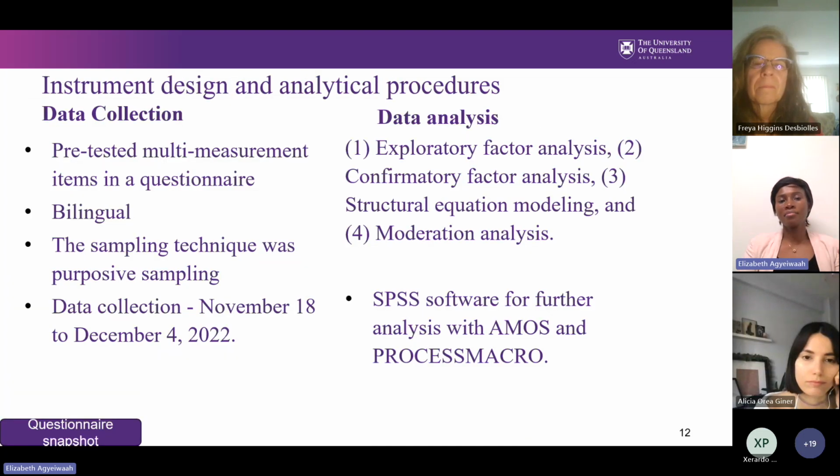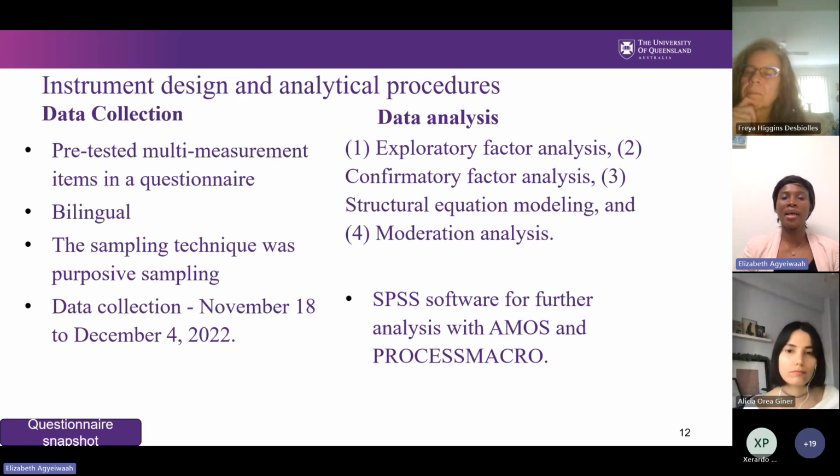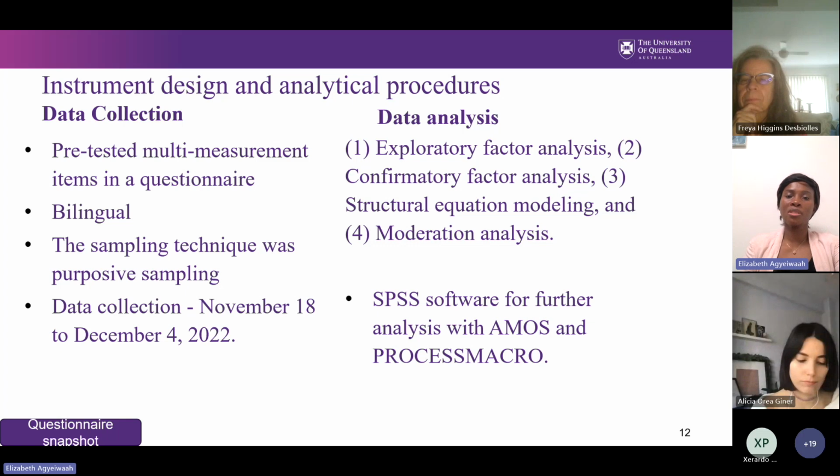And then after participants completed each of the questionnaires, we had to take the whole data, clean them, and also take it through a 4-stage procedure, which means that to test the hypothesis, we first had to do an exploratory factor analysis.